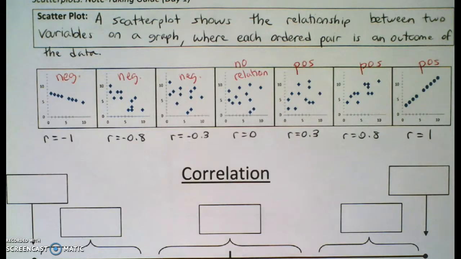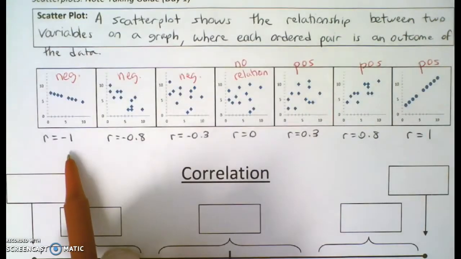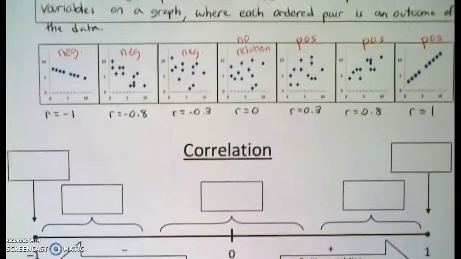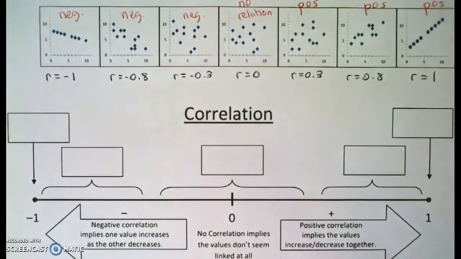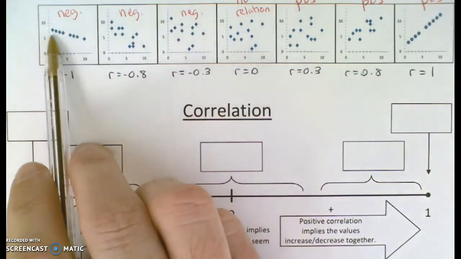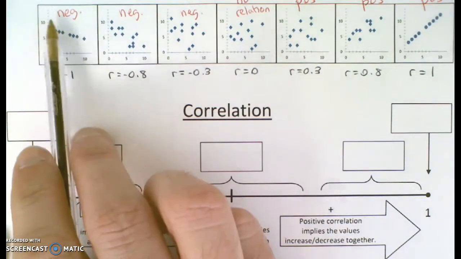What makes something more towards this end or more towards this end is based on how close the data is together in a nice straight line. So for correlation, it's kind of a spectrum. Something with a correlation of -1 is all the way over here at the end, and that's that perfect straight line where the data fits nicely in a straight line.